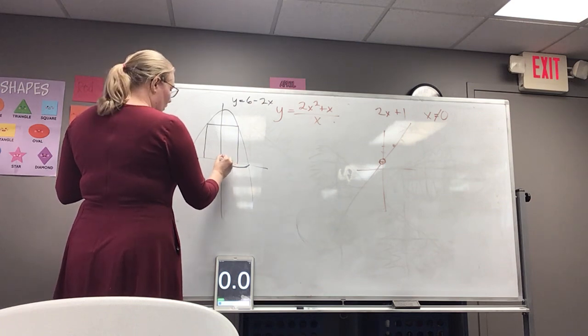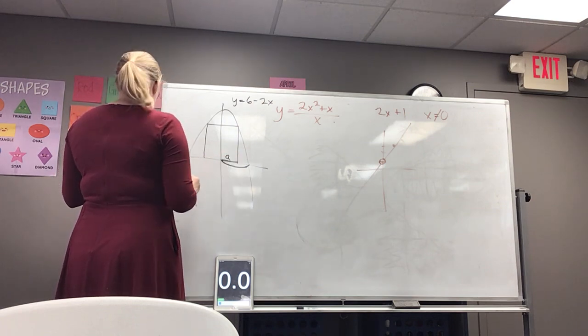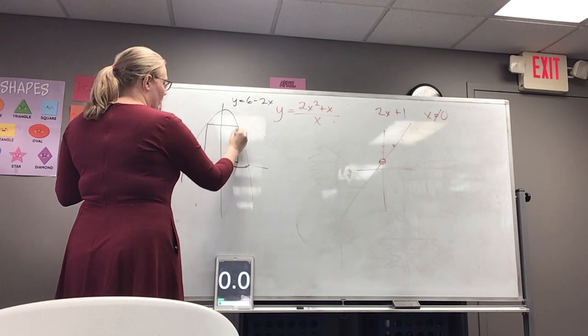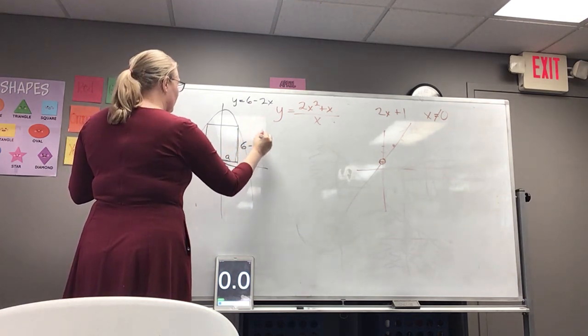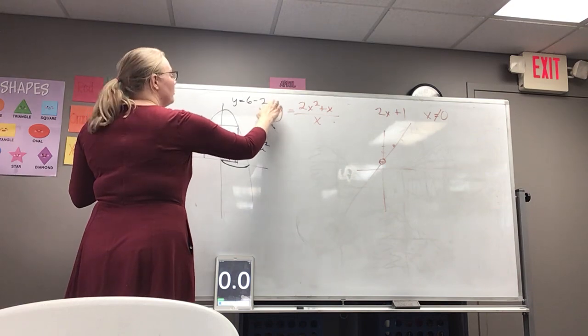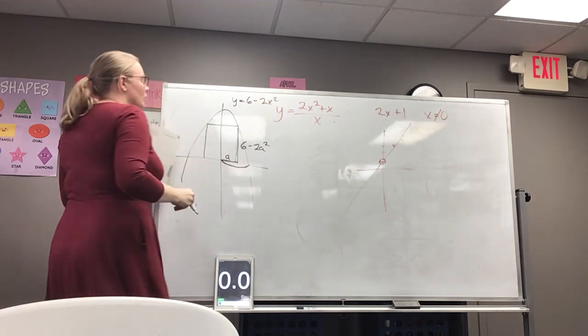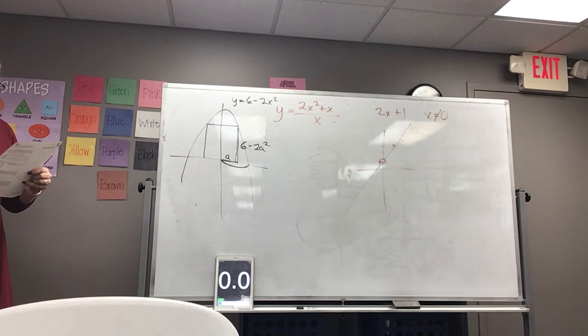And so this distance right here is a, this distance right here is 6 minus 2a squared. Sorry, that one was my fault, that should have been x squared. Bad copy. So, it asks you to express the area of that rectangle in terms of a.